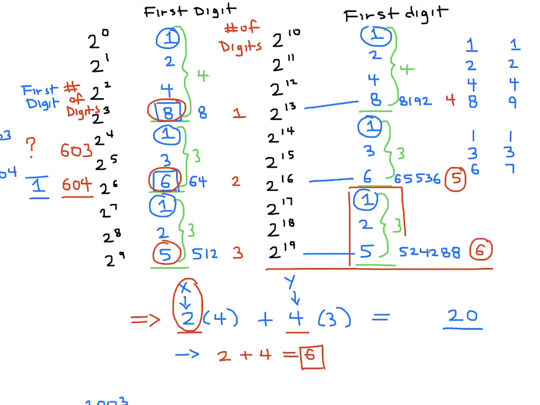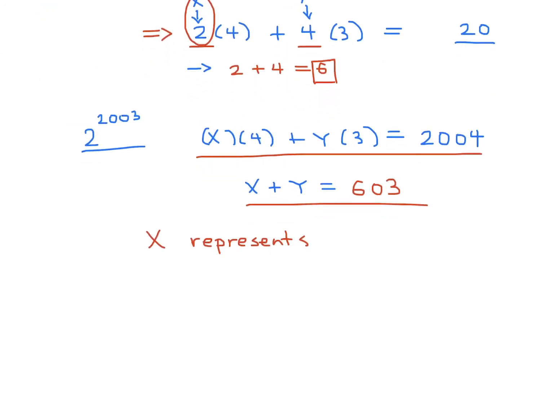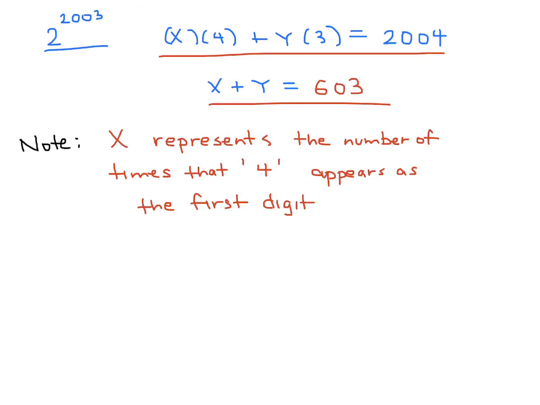How many times did 4 appear as the first digit? Once here, once here. 2. Everywhere else, there's no 4. You see how that works? So x represents the number of times that 4 appears as the first digit, and that is what they are asking in the question.